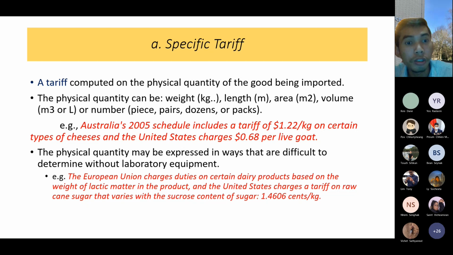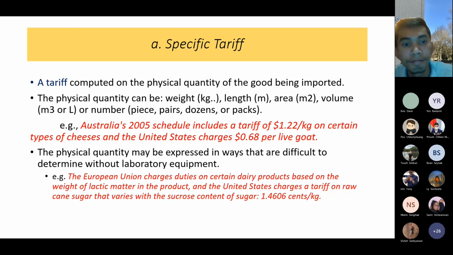For example, in Australia in 2005, the Australian schedule of commitments included a tariff of 1.22 US dollars per kilogram on types of cheese, and the United States charged 0.668 US dollars per live goat. So in the Australia case, which form of physical quantity is imposed for the specific tariff here?